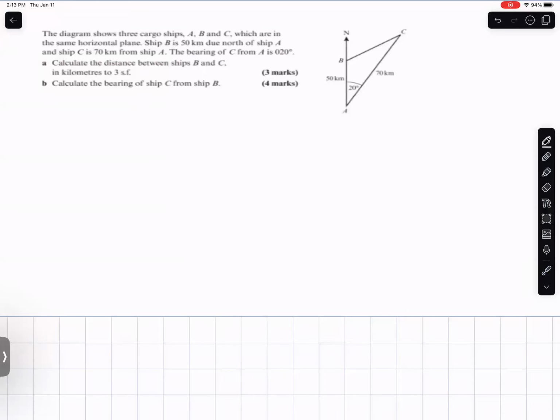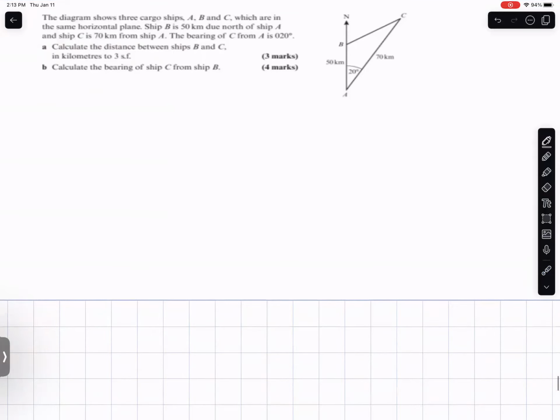If you take a look at this shape, what do we have here? We have angle A facing BC. Then we have 50 kilometers for AB, and 70 kilometers for AC. We are looking for BC. We have 2 sides and 1 angle, so we use our cosine rule.